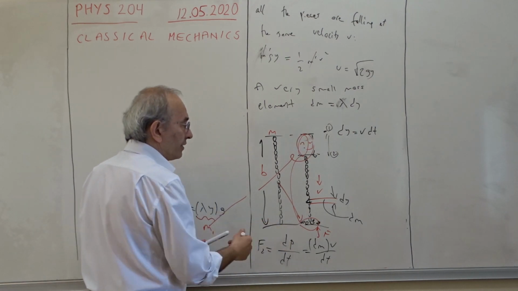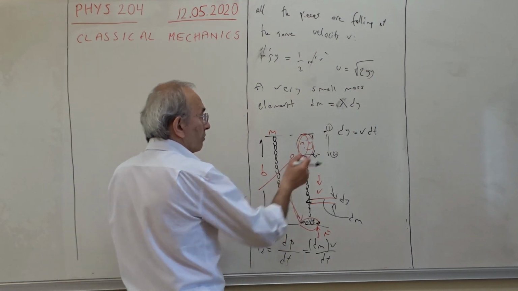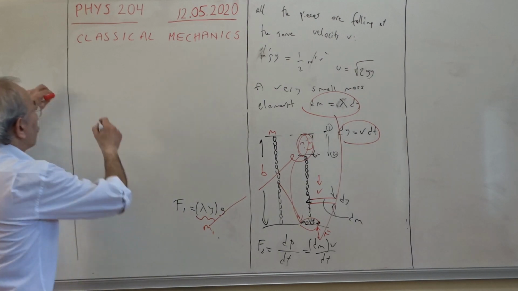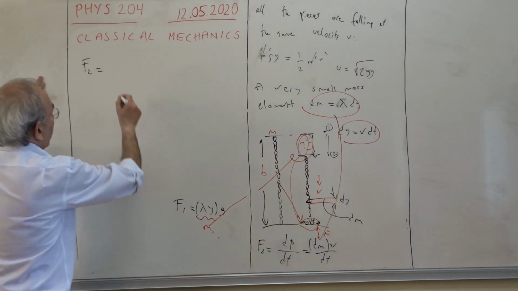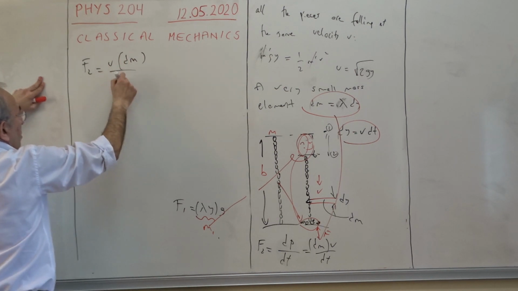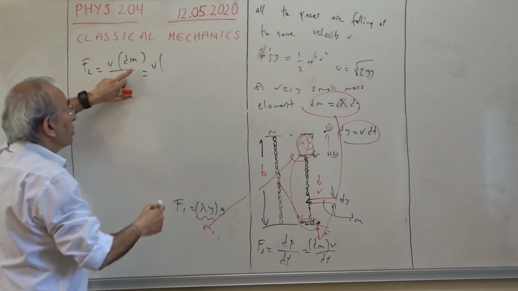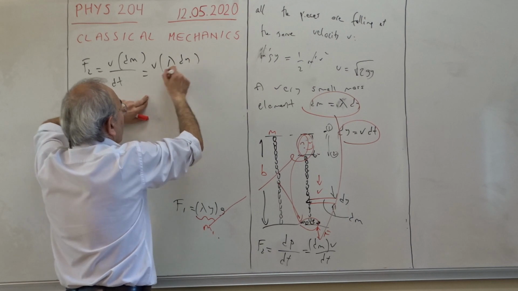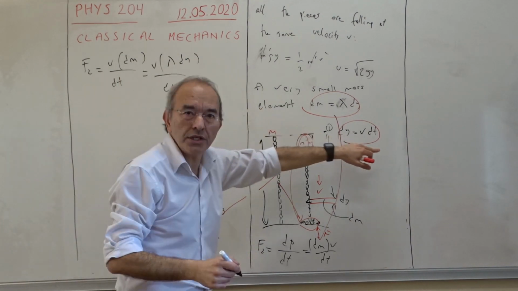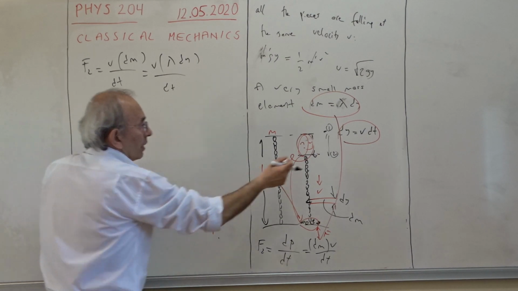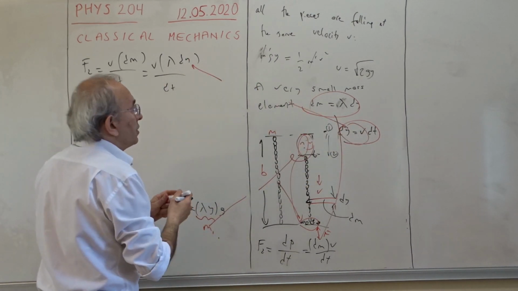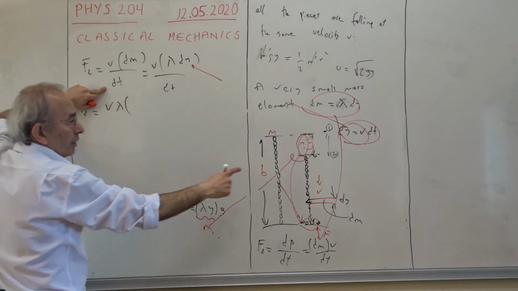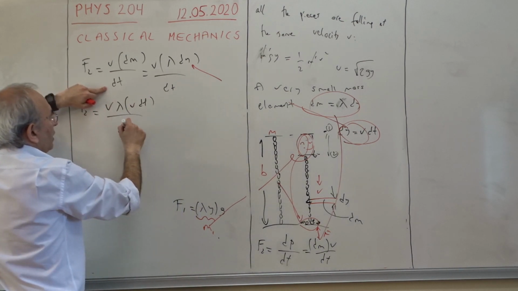What is dm? dm is lambda dy, and dy is simply v dt. Therefore, F2 is v times dm by dt, v times lambda dy by dt. But what is dy? It is v dt. So let me replace dy by this v dt. Therefore, F2 turns out to be v times lambda times v dt divided by dt.